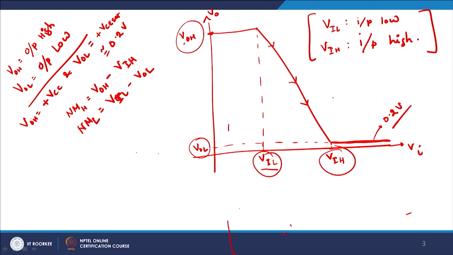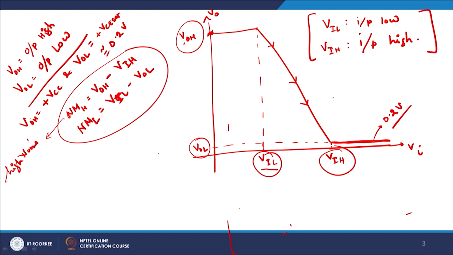So the difference between the voltage VOH here and VIH here is defined as my high noise margin, and this is referred to as the low noise margin. What does a high and low noise margin mean?